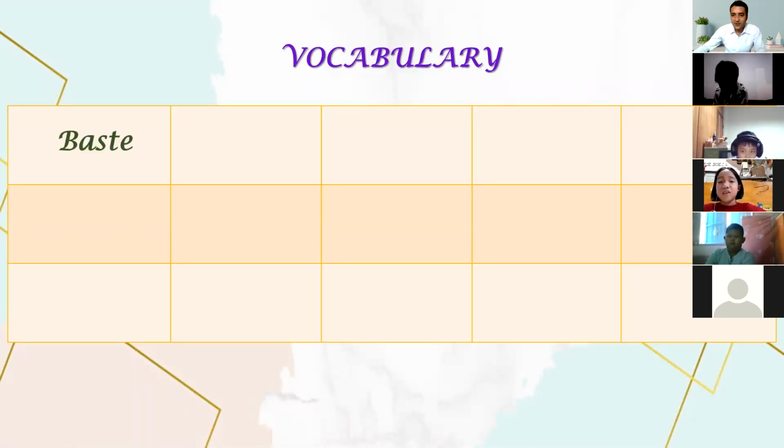The first word in our vocabulary is baste. Baste is a long running stitch mainly used for temporary lines between two or more layers of fabric. It's what we call baste, right?